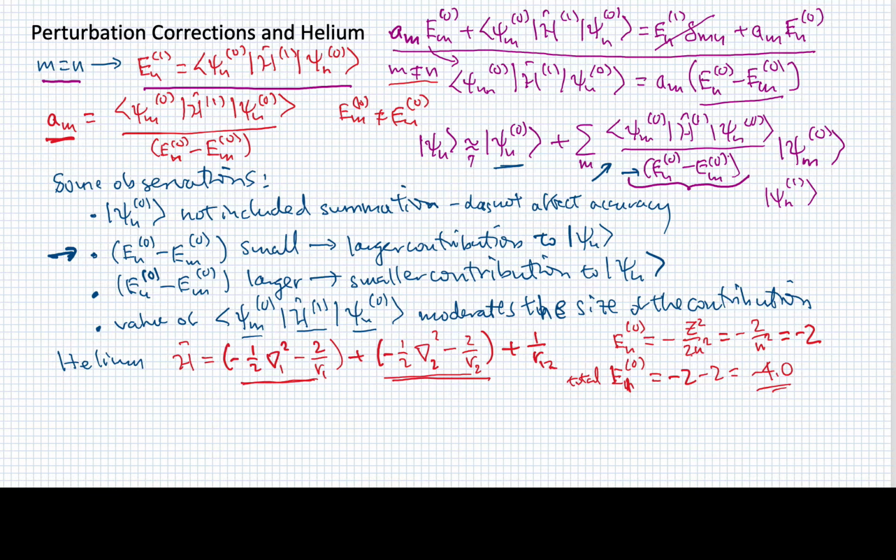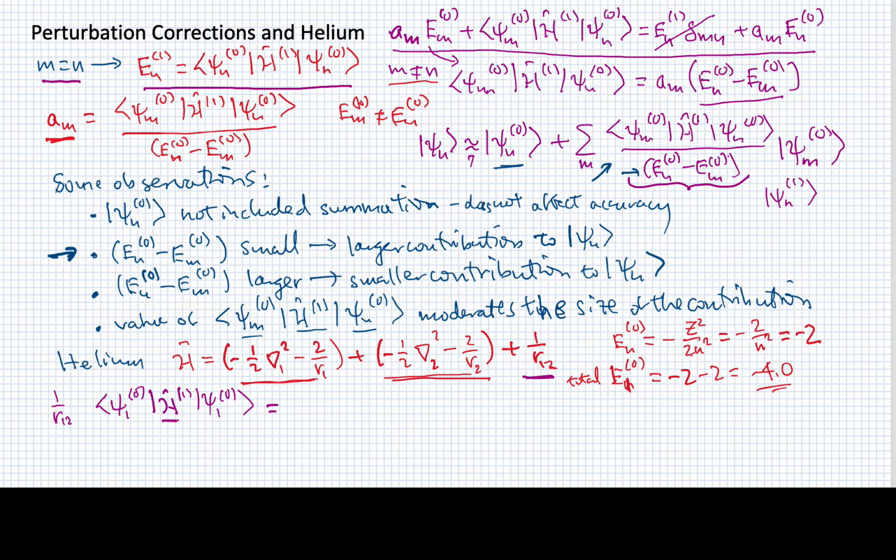So now when we use perturbation theory on helium, I'll skip the tedious details, but what we can find is that the first order correction, and remember this perturbation Hamiltonian is just 1 over R12, it's just this term.